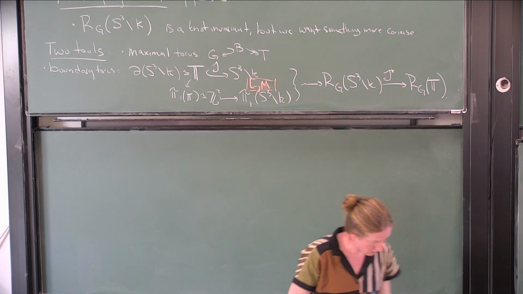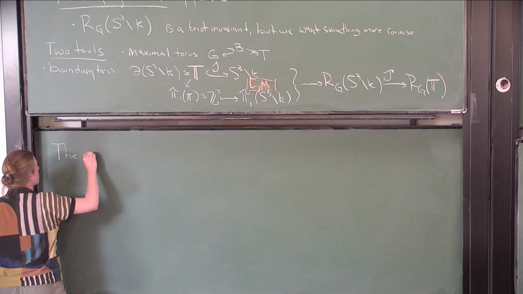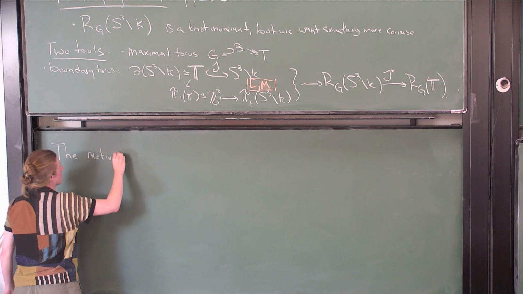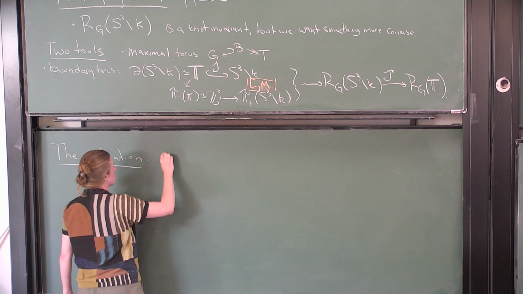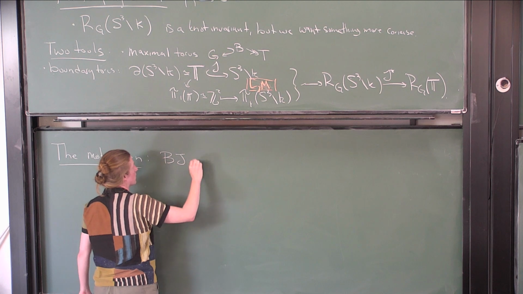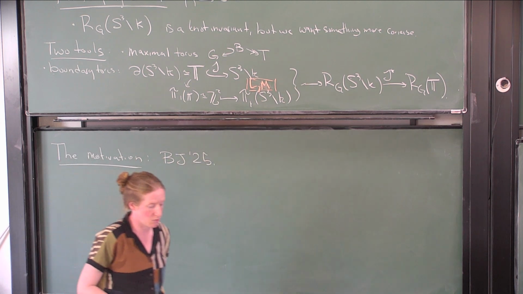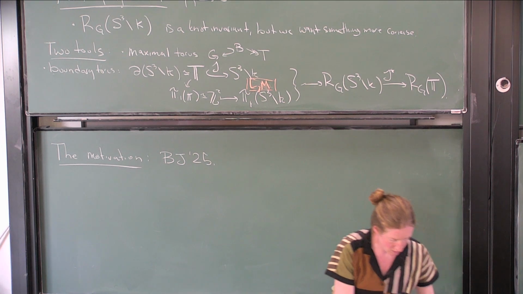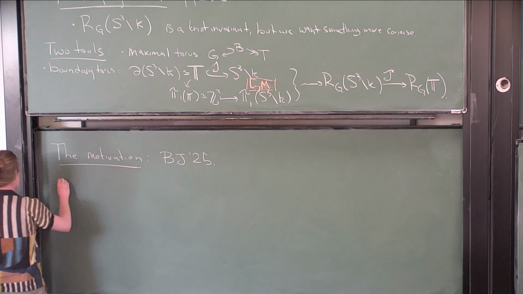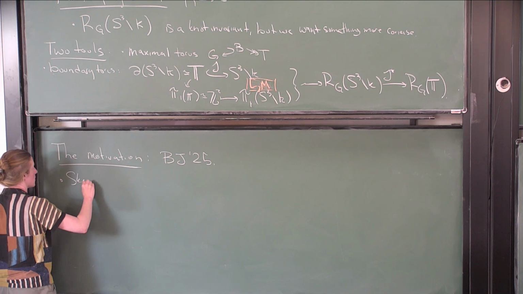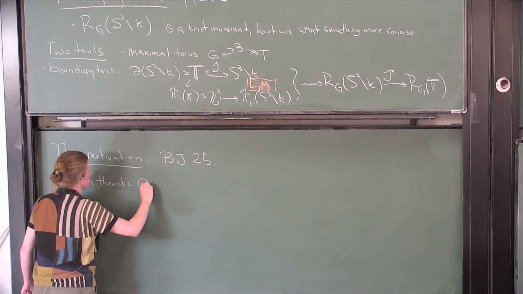So here's the motivation, and this is in my paper with David Jordan. This is the motivation behind that long project: we want to give a Skein theoretic quantization of this thing.